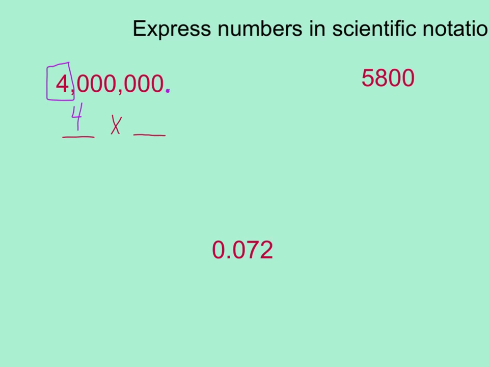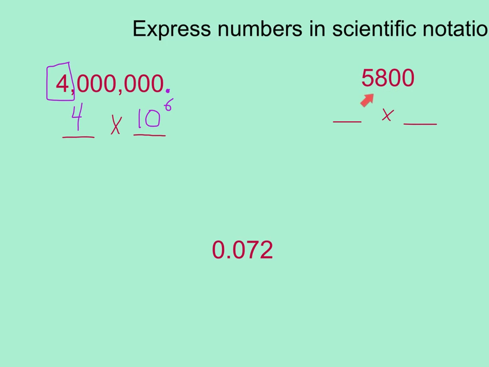So I have to figure out how many times I'm going to have to times 4 by 10 to get this decimal to here. The decimal, if I looked at just 4, would be right after the 4. And I would times it by 10 once, twice, 3, 4, 5, 6 times. So if I have 10 six times that I'm timesing it by, I know I write that as 10 to the 6th power. So that's how I would write that in scientific notation.